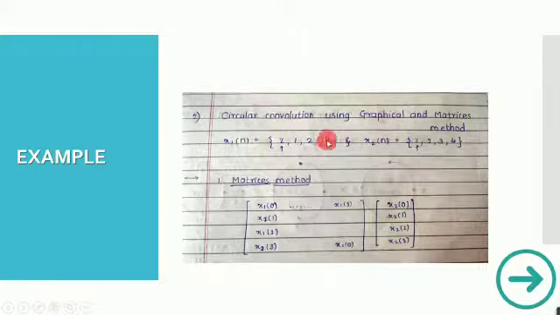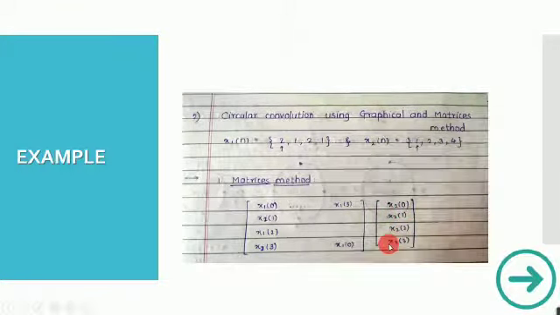So here I consider these two sequences and this is one matrix. How am I going to manage this? I wrote here x1 of 0, x1 of 1, x1 of 2, x1 of 3. So what is the next column? The next column is, let's move that x1 of 3 to the top, x1 of 0 here, x1 of 1 here, and x1 of 2 here. In this way we are going to prepare a 4x4 matrix because there are 4 elements. This matrix is going to be 4x4 and the other is going to be 4 cross 1, because the sequence we put in this format.